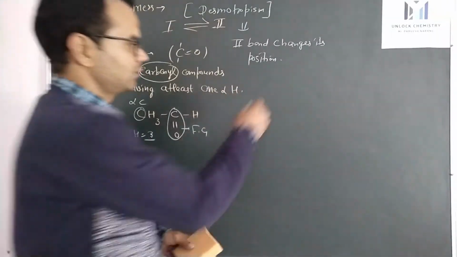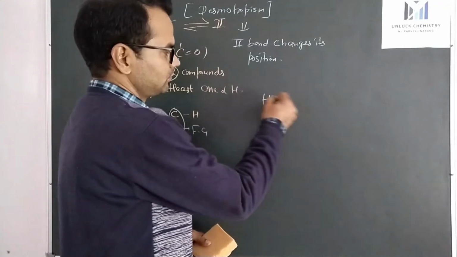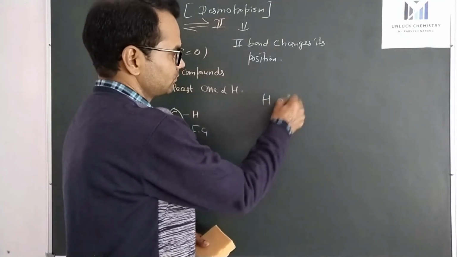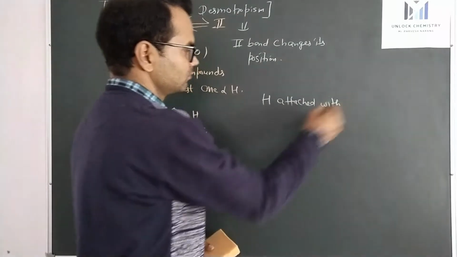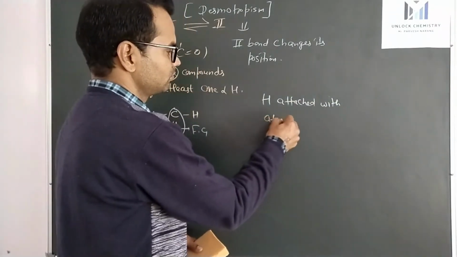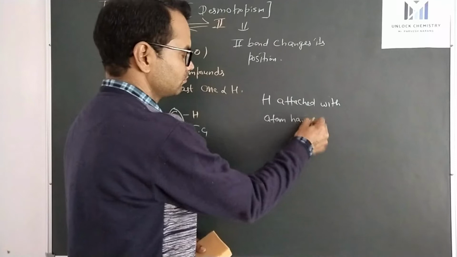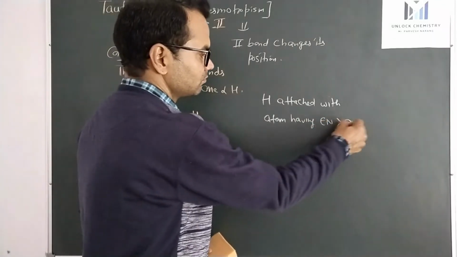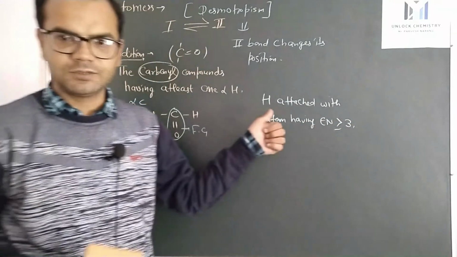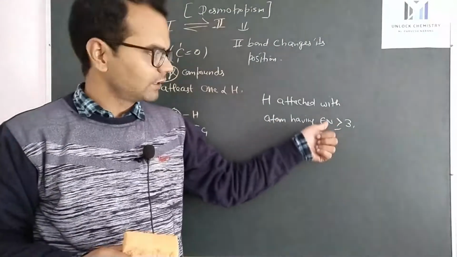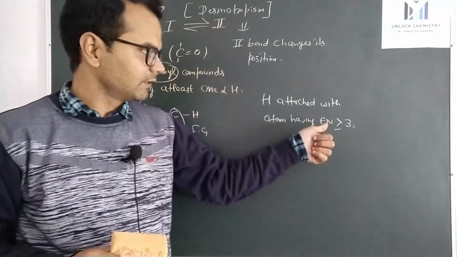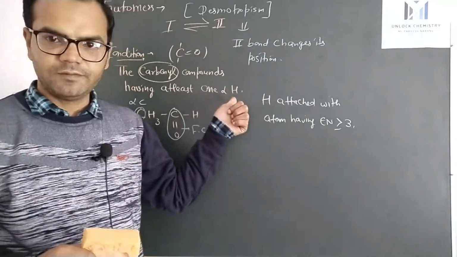The hydrogen attached with the atom having electronegativity 3 or greater than 3, that hydrogen is also called alpha hydrogen.